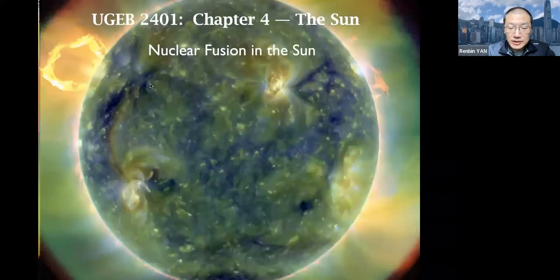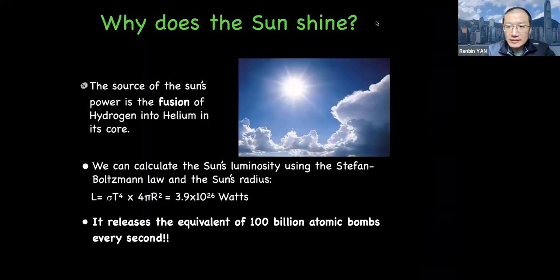So today we're going to talk about nuclear fusion in the sun. The sun is shining because of nuclear fusion of hydrogen into helium in its core, and it's giving us a huge amount of luminosity.